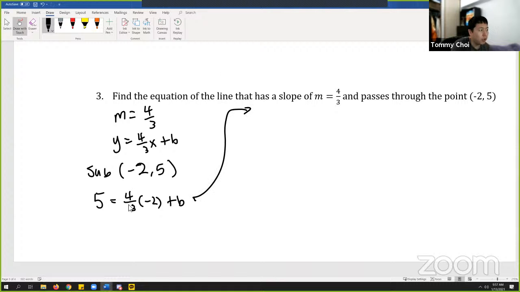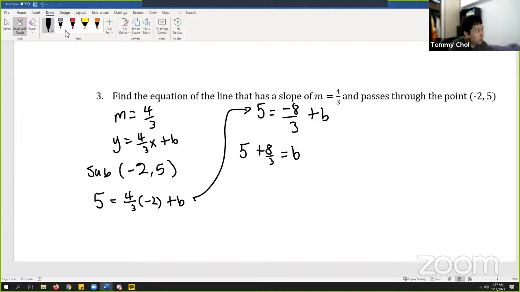So multiplying out this here, numerator multiplies with numerator. So I'm going to get -8/3 plus b on the right side. Moving the -8/3 to the left side, I'm going to get 5 plus 8/3 equals b.